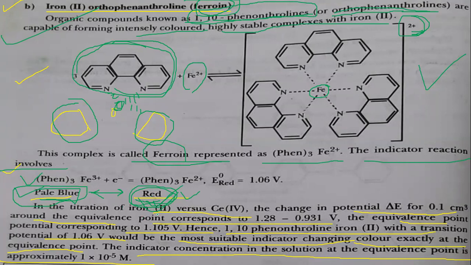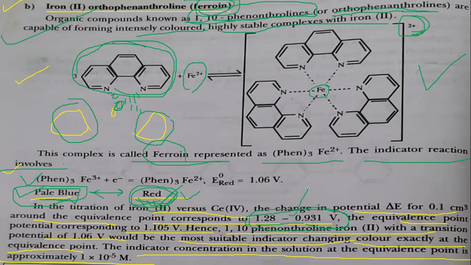What is the potential corresponding to the equivalence point? It is 1.28 to 0.931 volt. Okay, this is the transition potential, you can say, or standard potential for the indicator to show its change in color.